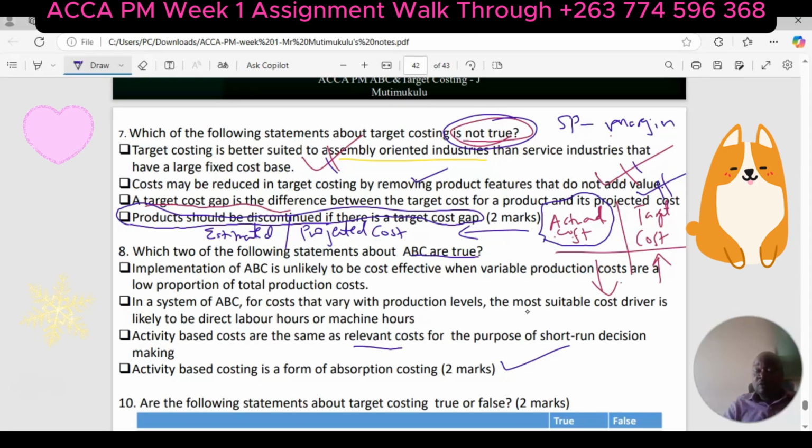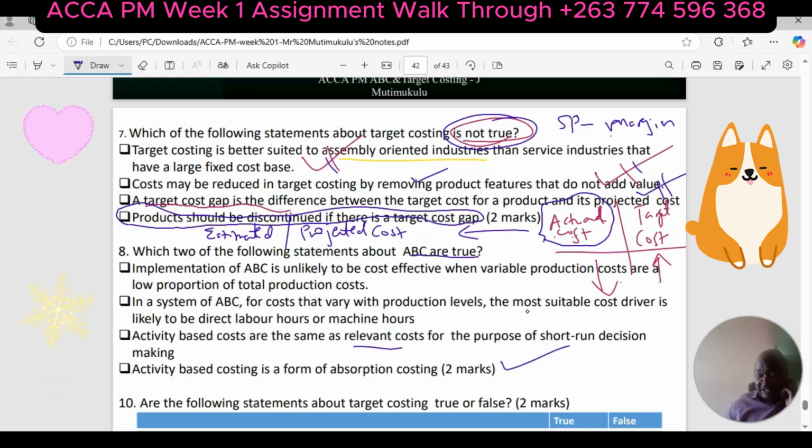If you only found one option correct, you're going to get a 0. That's the problem with computer-based testing, because the computer program has been given two choices. The moment you got one of the choices wrong, you're going to be penalized and get a 0. So you need to pick the right ones only.